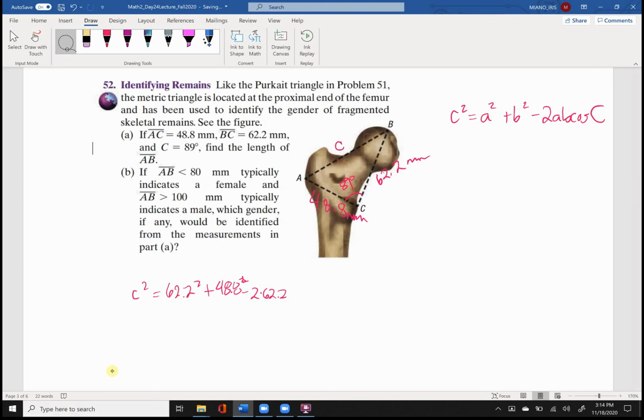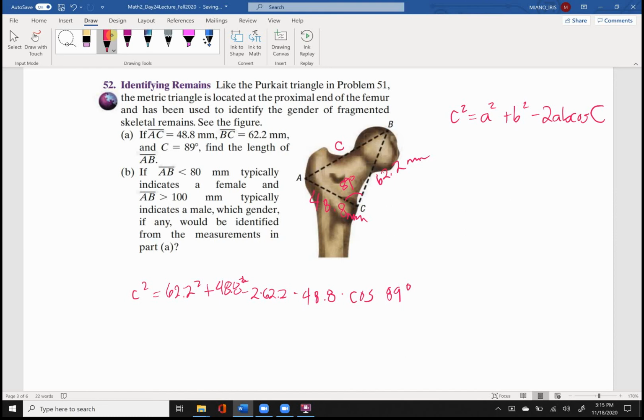Cool. 2 times 62.2 times 48.8 times the cosine of C. Oh, which is 89 degrees. So let's go ahead and replace C with 89 degrees. And more or less you will just plug that into your calculator, and that'll give you C squared.